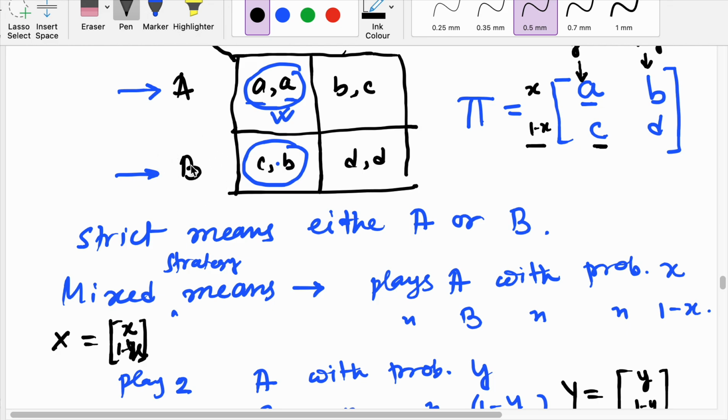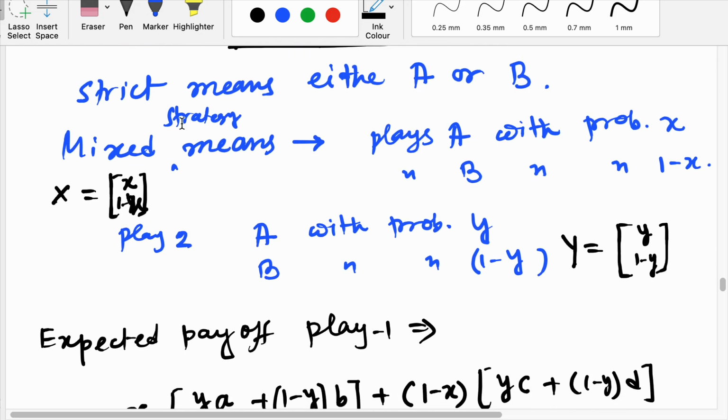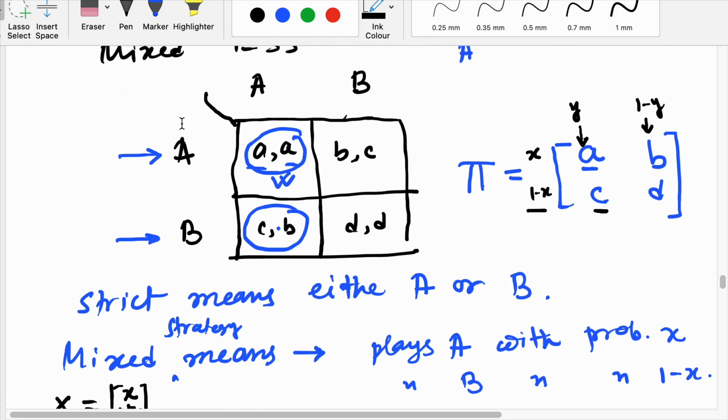This is called a mixed strategy because he mixes his strategy with some probability. The definition of the mixed Nash equilibrium will be the same.